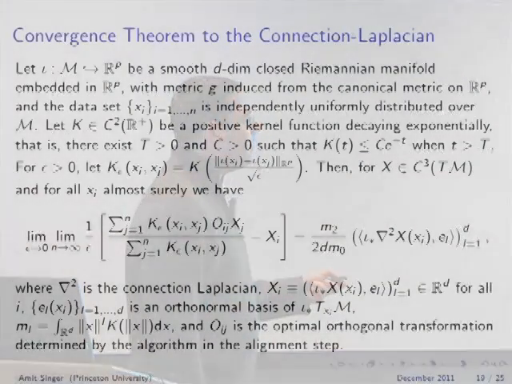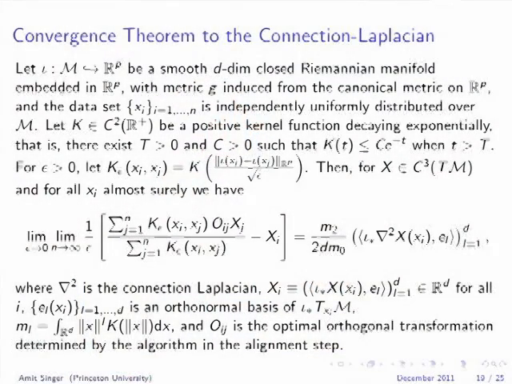If you take the weights from a kernel function and define the transformations, the OIJs, just like I showed you with the local PCA and the alignment step, then this matrix, after you subtract the identity, converges in the limit that the number of points goes to infinity and epsilon goes to 0. It converges pointwise to an operator called the connection Laplacian.